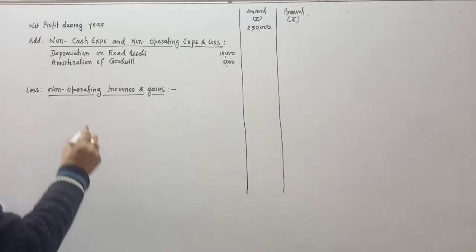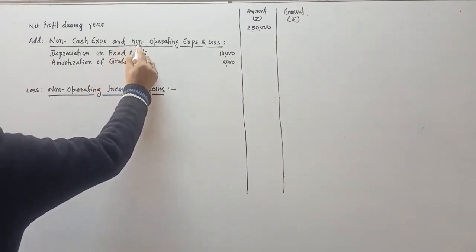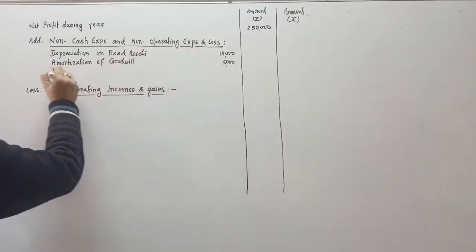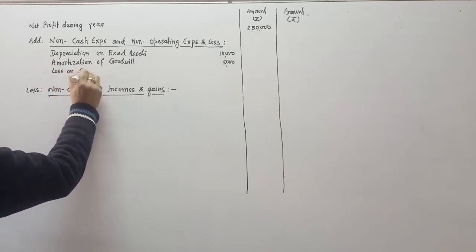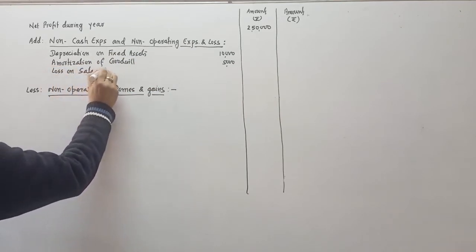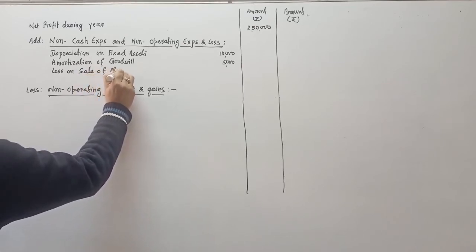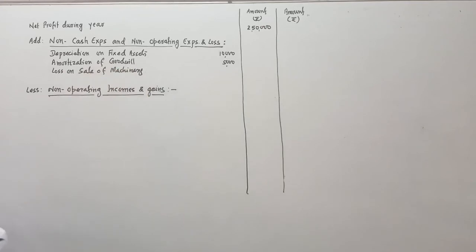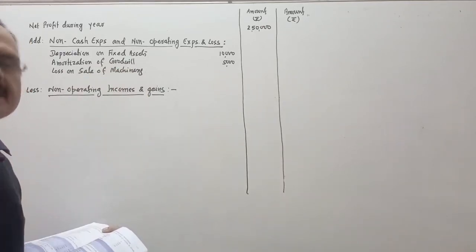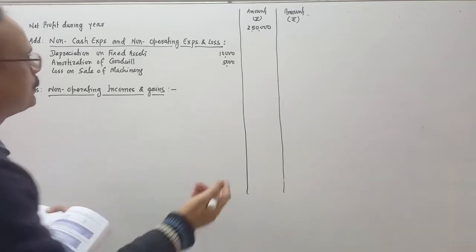Then loss on sale of machinery comes under non-operating losses. Non-operating expenses and non-operating losses we will add.